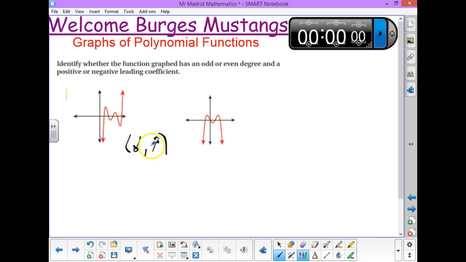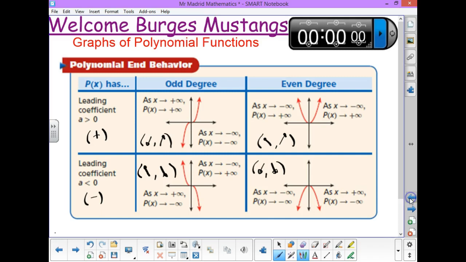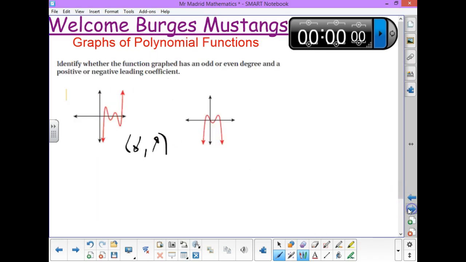All you have to do is find a match. So left down, right up. Left down, right up. This is the winner, so I'm going to go with odd degree and positive leading coefficient. What is it asking for?